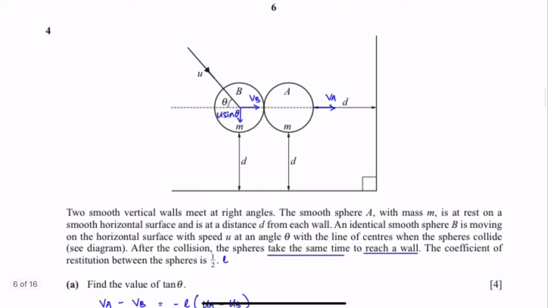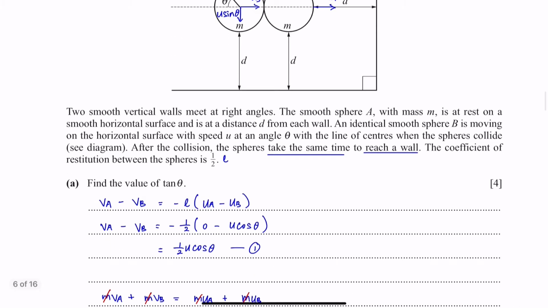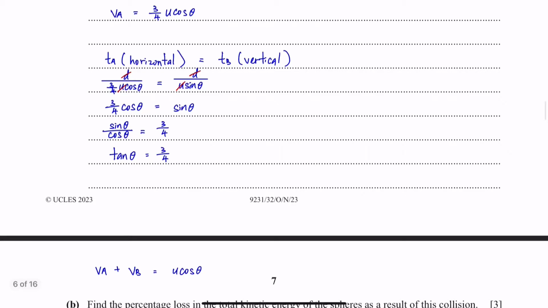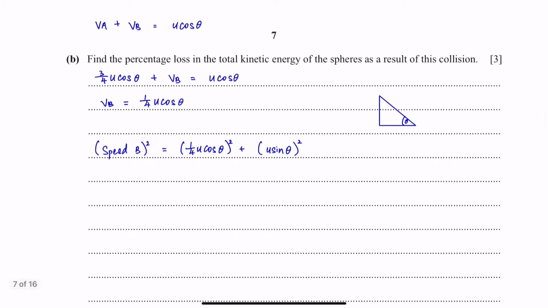We know that tangent theta is 3 over 4. So this would be 3 and this would be 4. The hypotenuse would be 5, because the square root of 3 squared plus 4 squared is 5.